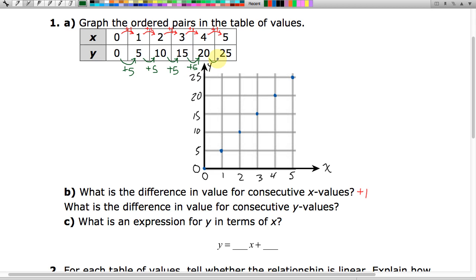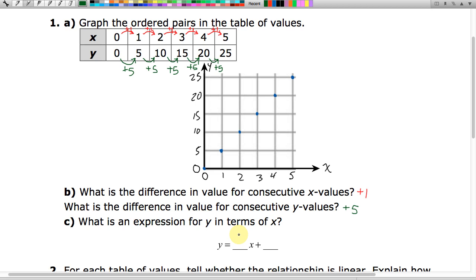Alright, so each time we increase the x by 1, the y is increasing by 5. Plus 5.